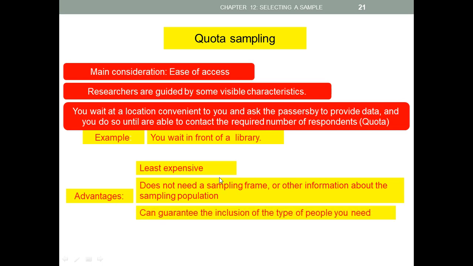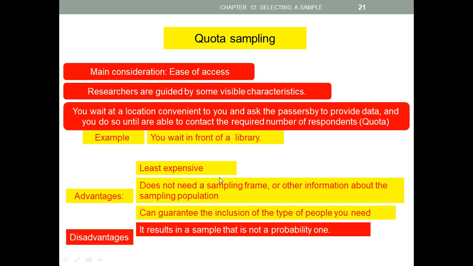Another advantage is that quota sampling can guarantee the inclusion of the type of people that you want to include in your research. For example, you want to survey the opinion of the smokers. They smoke because they're smoking. So you never get it wrong when you use quota sampling.